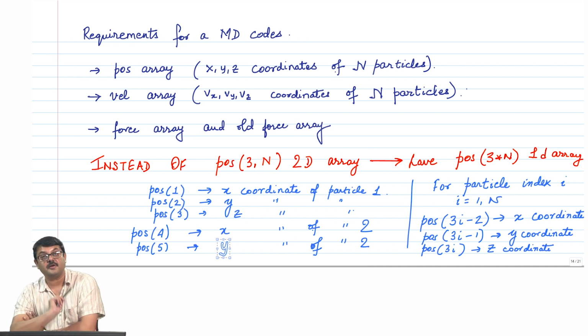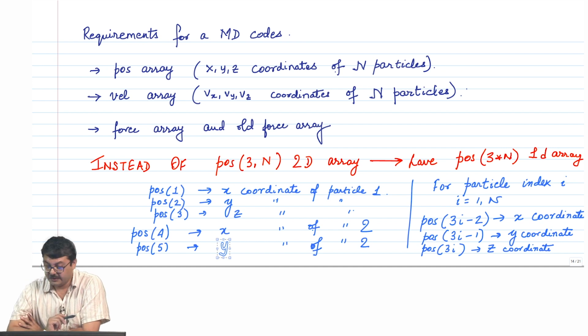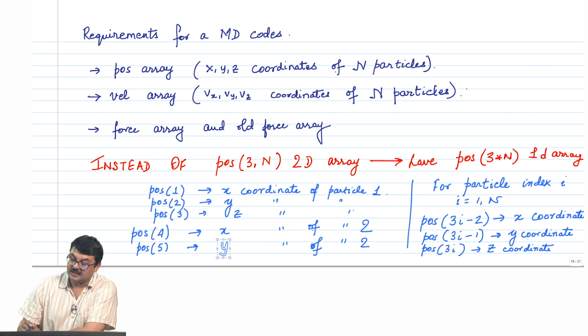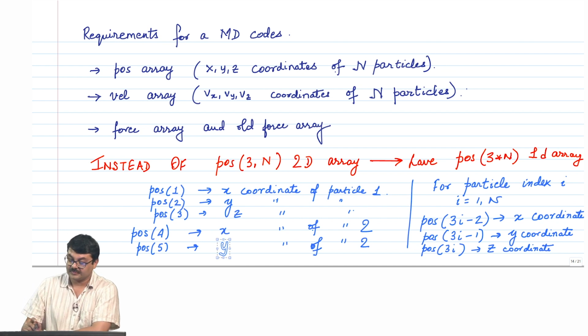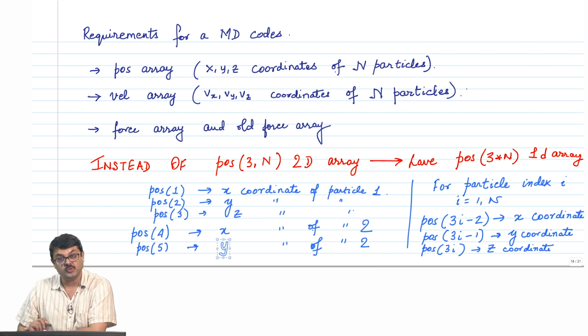In general, if you have n particles, and suppose you are interested in updating the position of the ith particle, so i runs from 1 to n, then POS 3i minus 2 will store the x coordinate of the ith particle, POS 3i minus 1 will store the y coordinate of the ith particle, and POS 3i will store the z coordinate of the ith particle.